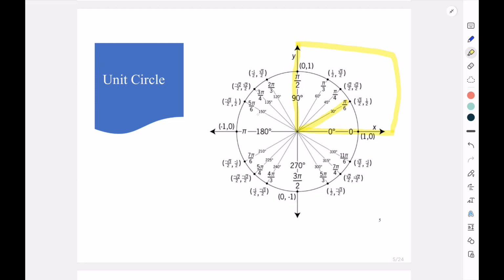At 150 degrees, it's very close, just with a negative on the square root 3 over 2. So you can think of the coordinate plane: positive, positive; negative, positive; negative, negative; and positive, negative.